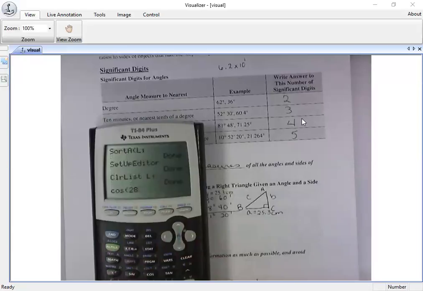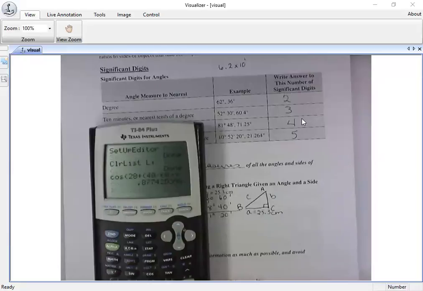You would need to type plus and then put in the fraction 40 over 60. Remember? Since there's 60 minutes in 1 degree, and I have 40 minutes, then I have 40 over 60 degrees. Now, that has given me this value, 0.8774255 and so on.